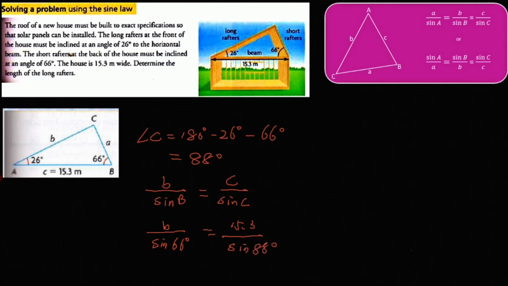So both sides multiply sine 66, so B equals 15.3 divided by sine 88 degrees times sine 66. I use calculator to calculate this one, equals 13.99. So the long rafter is about 14 meters long, 13.99.